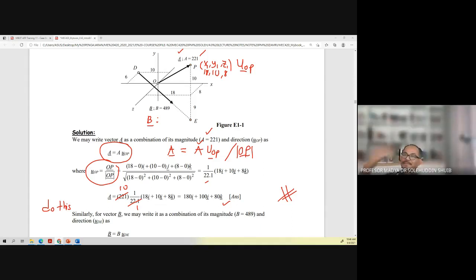Write the coordinates: the coordinate of E and the coordinate of D. And then you deduct E minus D.